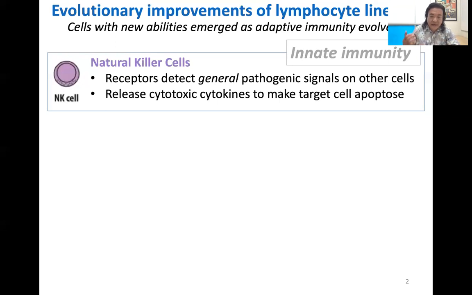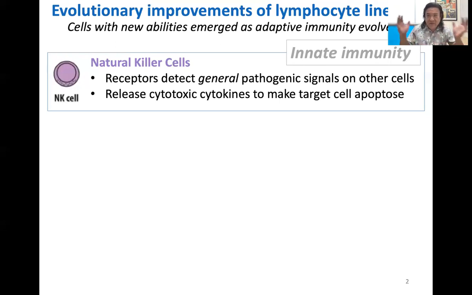But those innate effector cells, things like the macrophages, the neutrophils, even the granulocytes, like eosinophils, basophils, which we will talk about more later on, are always concerned with just targeting the pathogen directly, whether it's through phagocytosis, like eating up bacteria or viruses the way that macrophages and neutrophils do, or releasing noxious or nasty chemicals, compounds from vesicles, the granules that come from inside of things like eosinophils, basophils, and mast cells.